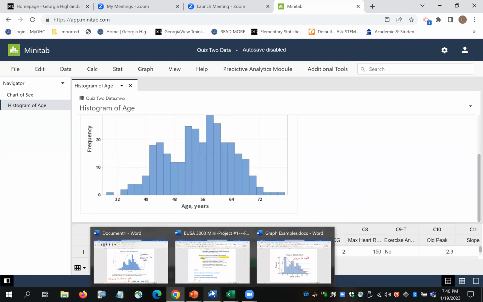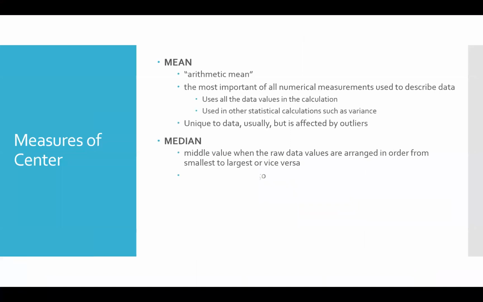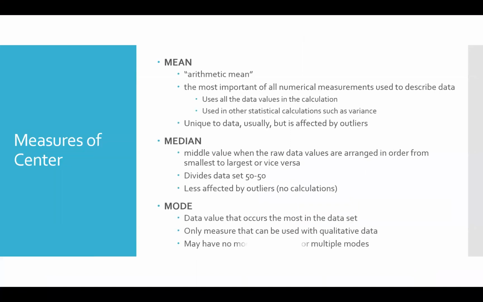So I have multiple modes in that particular case. It's okay if I have multiple modes. It's also possible that you don't have a data value that occurs more often than the others, which means you have no mode. There's not one.